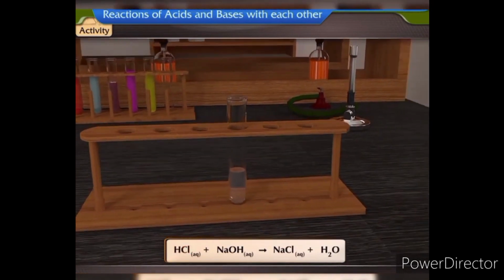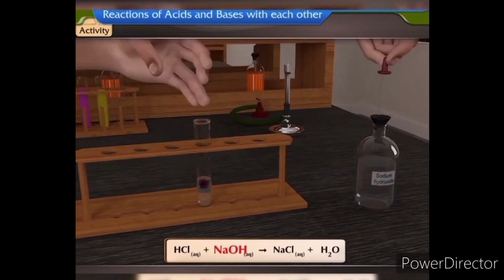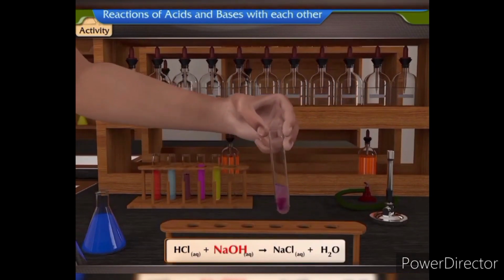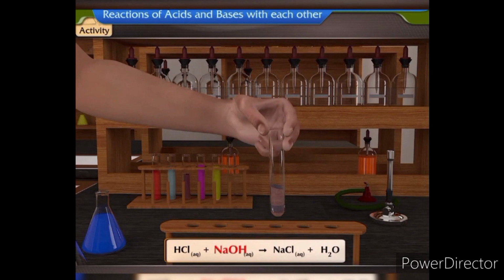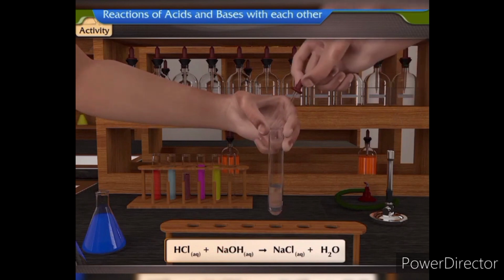Now add sodium hydroxide solution drop by drop to this solution. Keep shaking the test tube. There is a slight pink color to the solution, which disappears on shaking the test tube. Now let us add a few more drops.